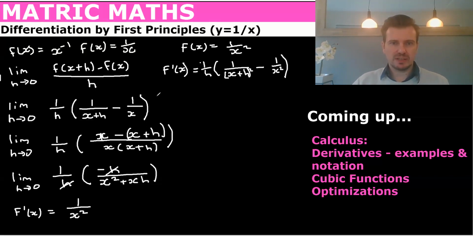Again, we now get it into our common denominator or common multiple. So yeah, common denominator here. So we would have x plus h squared, x squared.